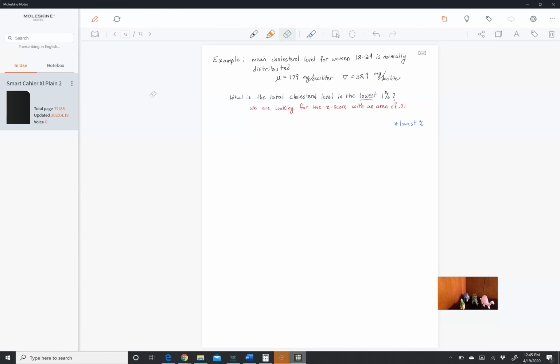Lowest percent indicates to the left. Whereas the highest, or sometimes you'll see like top 10%, the top percent indicates that we're talking about the area to the right.